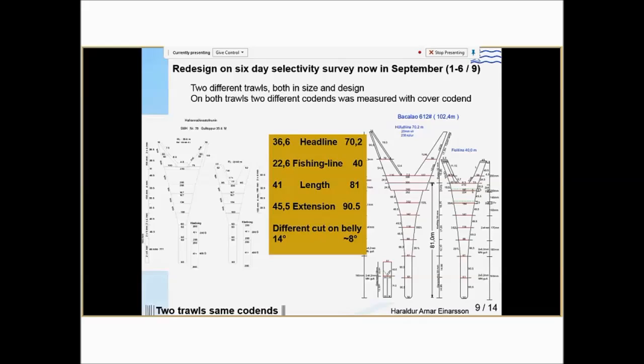Different cut on the belly: on this trawl it is a sharper cut, making the trawl shorter, but the other one is more smoothly cut, making it longer. So generally, we can say those two trawls are very different in design and very different in size. There are some trawlers using a similar trawl like this, but many are using this design as well in the fleet.